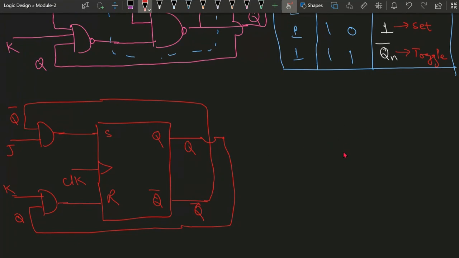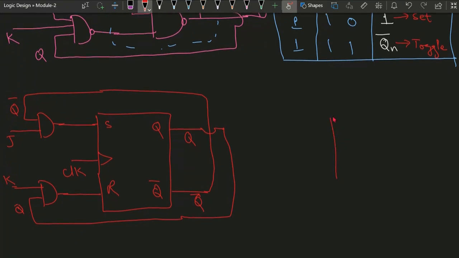And the block diagram of the JK flip flop we can draw here. Two different inputs, one is J, another is K, with a clock, and then there are two different outputs, Q and Q bar.